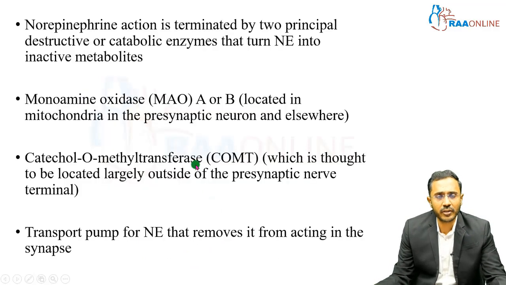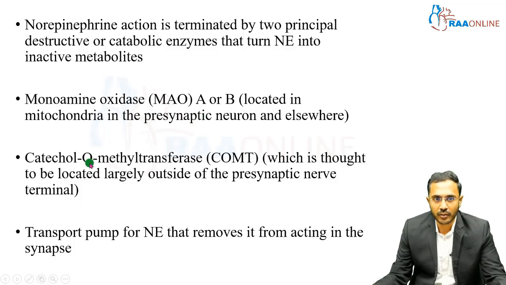Then, how is the action terminated? For any neurotransmitter, we used to see what is the precursor, how it is transported into neurons, how it is produced, how it is released, and how it is terminated. Here, norepinephrine action is terminated by two principal mechanisms that turn norepinephrine into inactive metabolites. One is monoamine oxidase, A or B, which is located in the mitochondria in the presynaptic neuron.